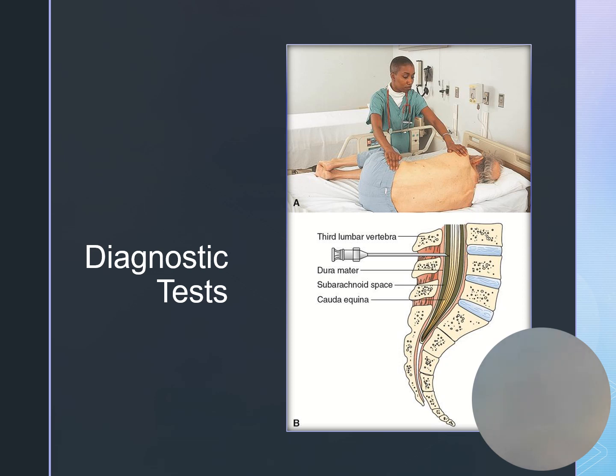Different tests that we can do would be our computed tomography or the CT scan. We can do it with or without radiopaque dyes. We need to make sure they don't have an allergy, though, to iodine or shellfish. We can do the MRI or the PET scan.